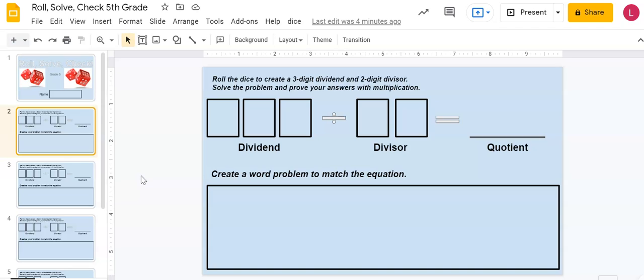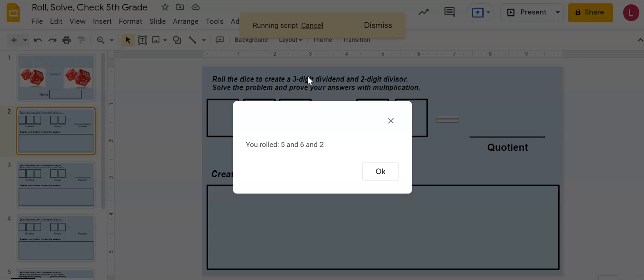You can do the work on your paper if you would like, but we're going to first pick our dividend and our divisor. You'll see dice up here at the top. I need a 3-digit dividend, so I'm going to click on it and roll 3 dice. It rolls a 5, a 6, and a 2.